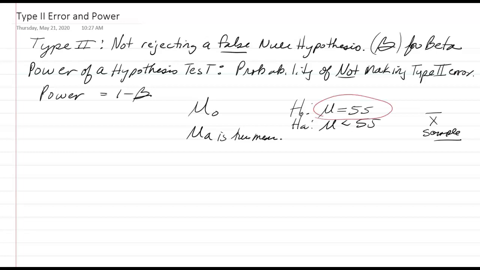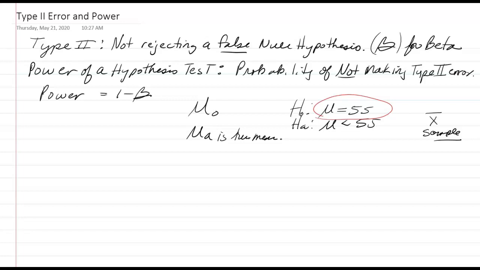But the problem is 54 is so close to the age of 55 that, even though it is smaller, the sample we would get from this would be so close that we probably would not get enough evidence, and therefore we would probably not reject. Hence, we have this large chance of making a type 2 error. And we would have a beta that's fairly big, say 80%, 90%.